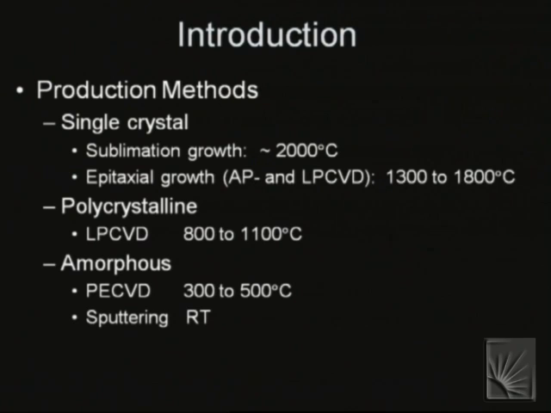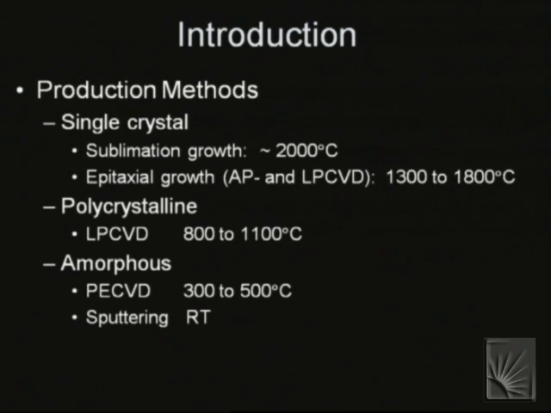And one can deposit polycrystalline silicon carbide by LPCVD, low pressure chemical vapor deposition, using a process that's much the same as polysilicon, at temperatures a little higher than that used in polysilicon, around 800 to 1100 C. Amorphous material is also available for those who don't require a crystalline structure in their structural material, and one can deposit silicon carbide in an amorphous microstructure by a couple of processes, one being plasma-enhanced chemical vapor deposition and the other being sputtering, a physical vapor process.